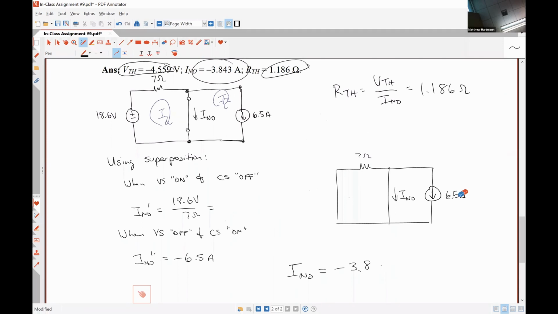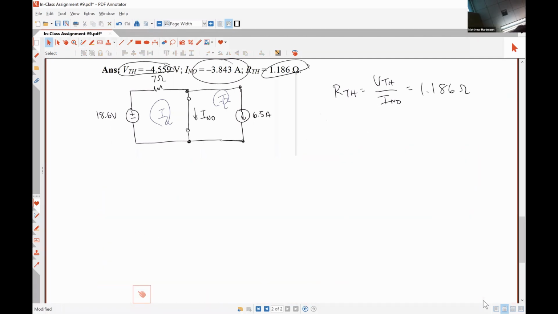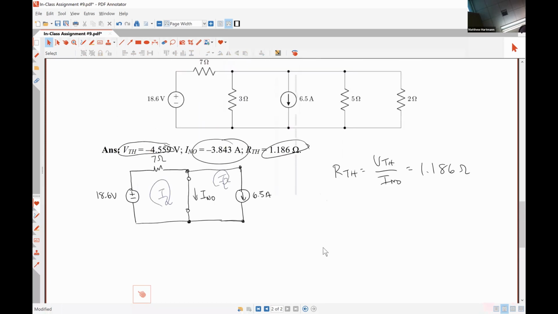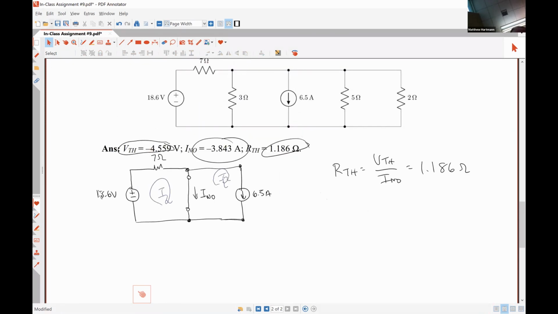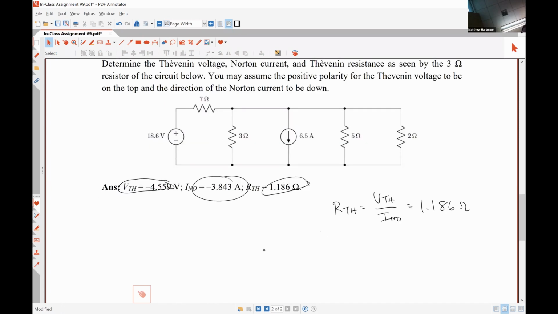And just to check our work, let's look at the dead network. So our dead network is going to look like short circuit, 7, 3.